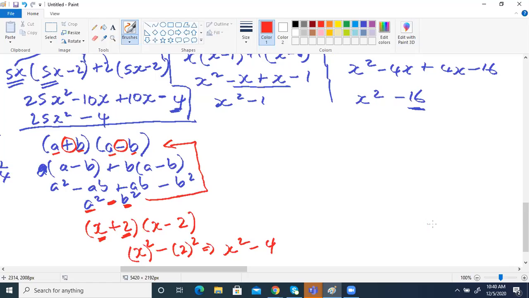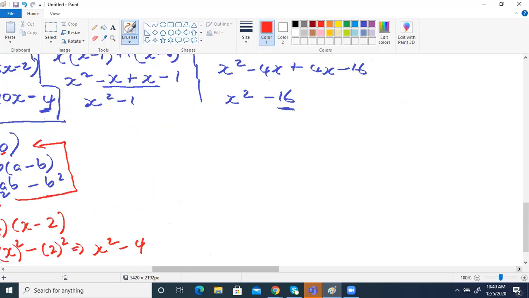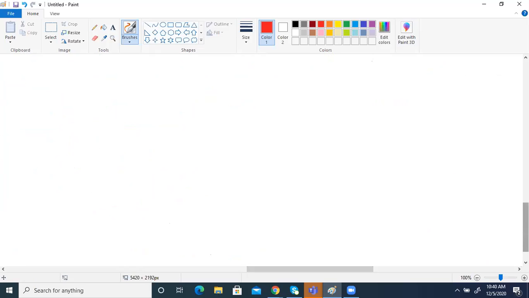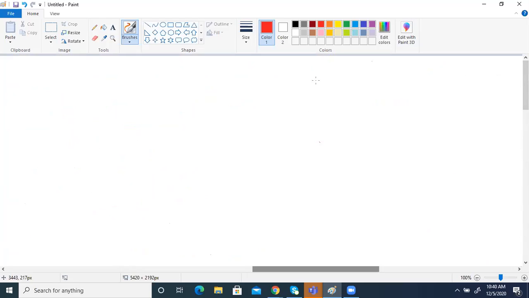Let me see if I can find some space. Change the color. All right. Suppose we give you questions like these now and say expand and simplify these.